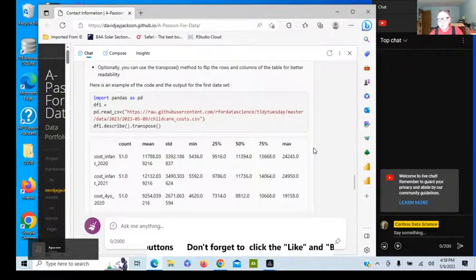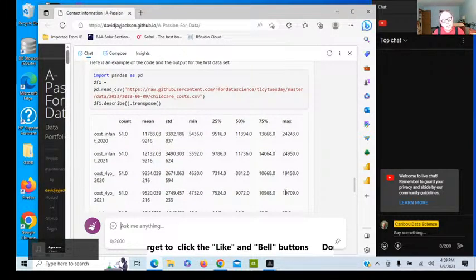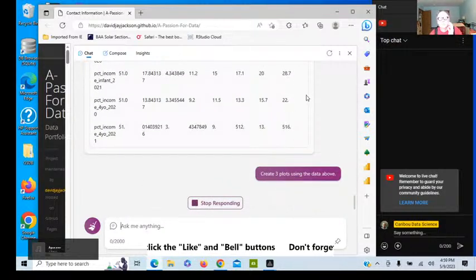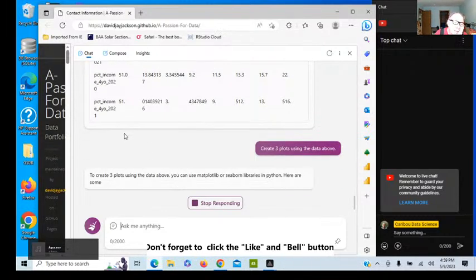Now the obvious question is, plus it has some nice drop downs.